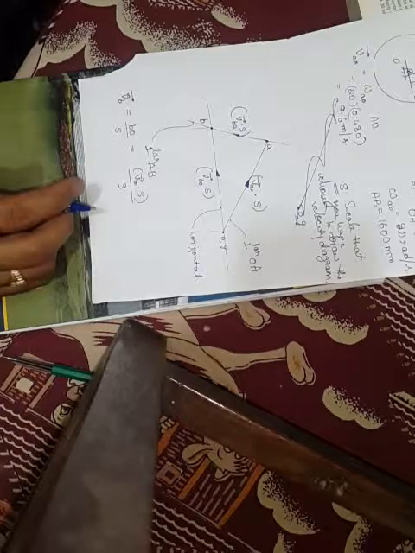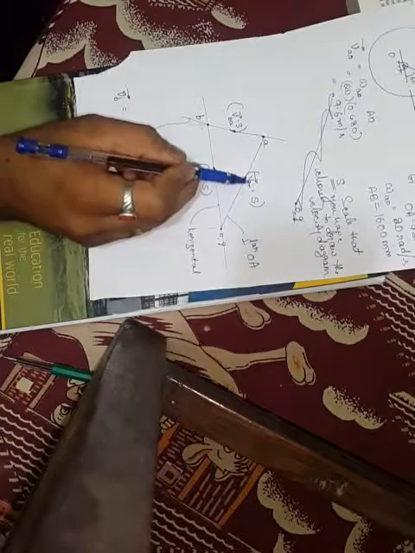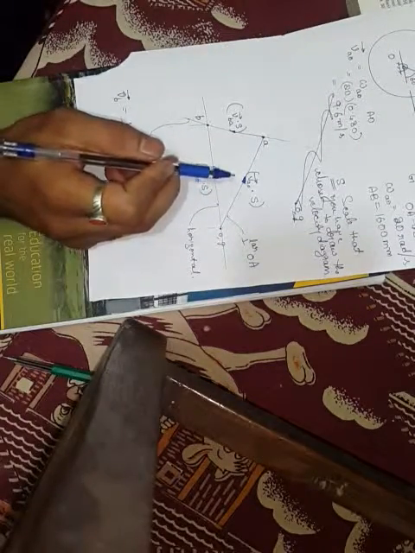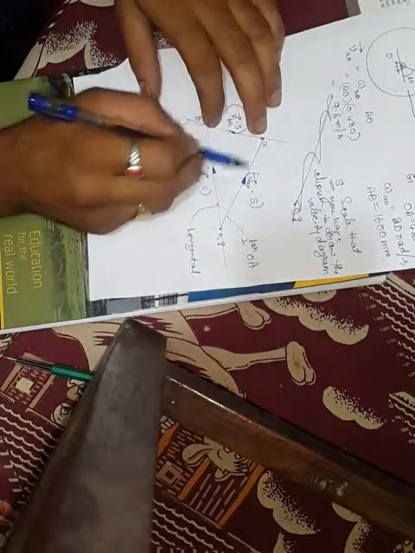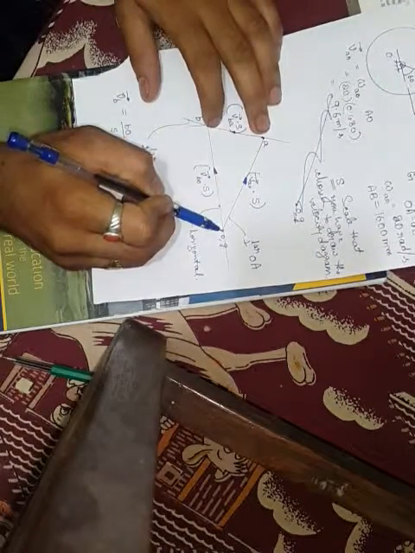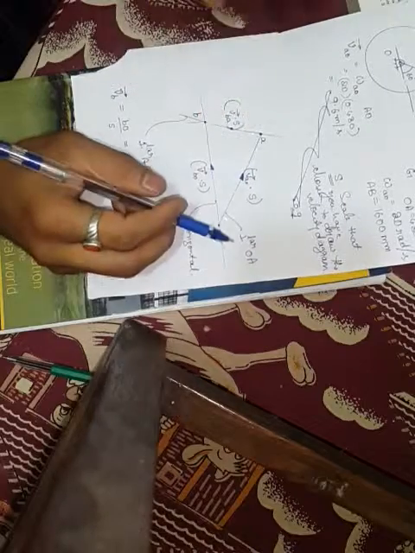Then let's say that you got the velocity of VA to be 10 meters per second, and you have drawn it on your diagram as 50 millimeters, then the scale will be half, right?